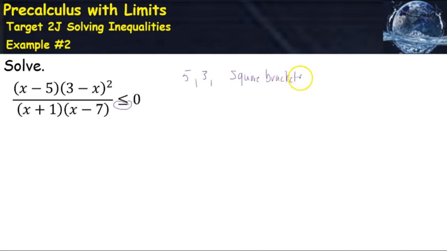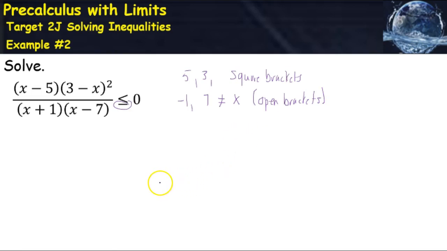Now factors from the bottom can't be in my answer. So -1 and 7 are still key points, but they can't be in the answer, so they can't equal x. So this means open brackets on any of these. And then always there's open brackets on any infinities.